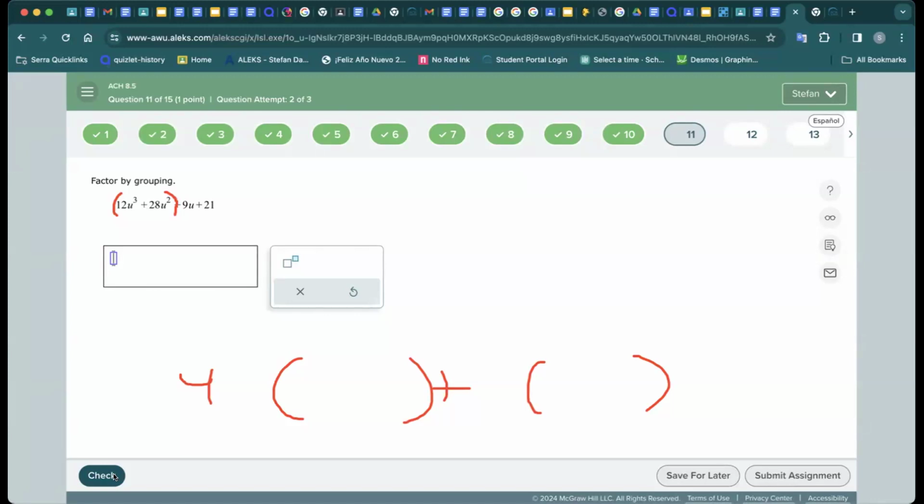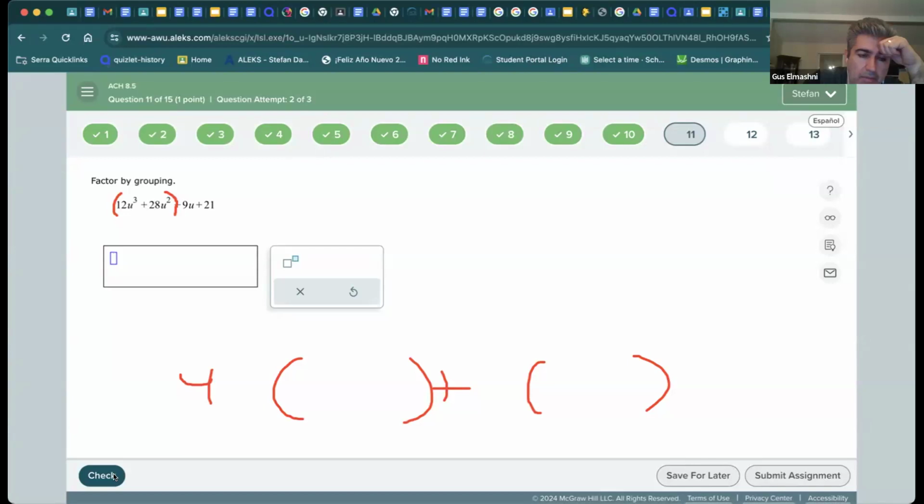Wait, so I got the first one. So then for 28, it would be 7. Right? Hold on. So what did you pull out of the first group? 4. Now do the letters. You took care of the numbers, 4 and 7.